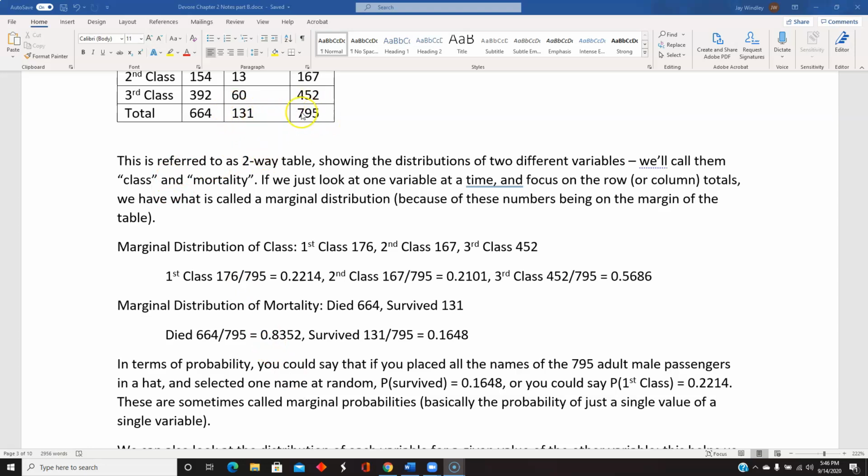There's 795 names that could be chosen, and 131 of them belong to survivors. So the probability that someone survived is 131 out of 795. Or you could say, what's the probability of first class? And those are called marginal probabilities, just looking at one value of one variable.